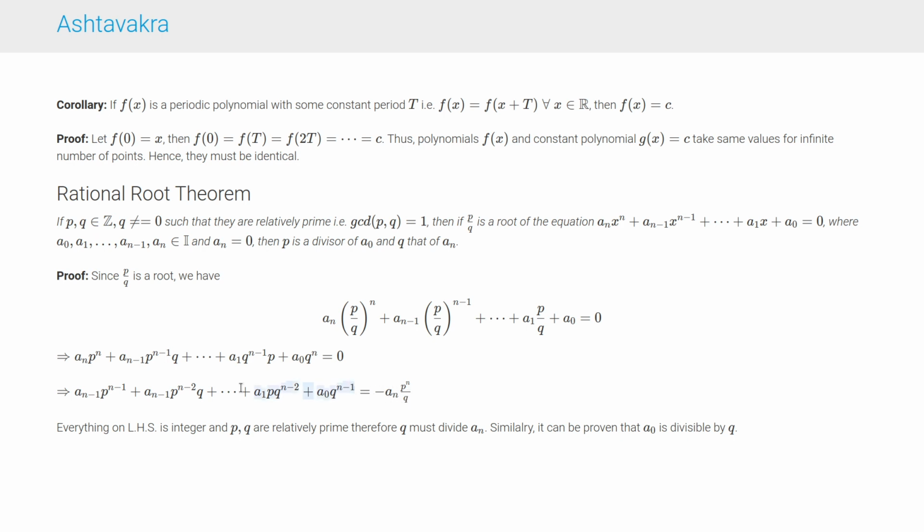Now everything on the left hand side is an integer and p, q are relatively prime, therefore q must divide a_n, because q will not divide p here, so q will divide a_n on the right hand side. Similarly, we can prove that a_0 is divisible by p by taking a_0 q^n to the right hand side and then dividing by p. We can prove the relationship like this.